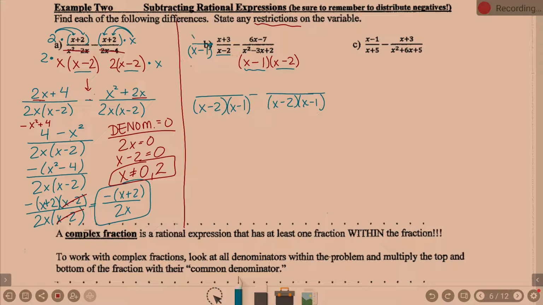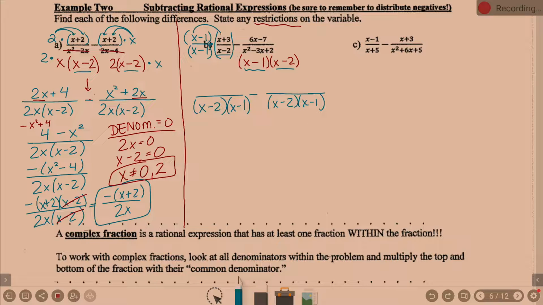If I multiply the bottom by x minus 1, I'm multiplying the top by x minus 1. How do I multiply x minus 1 by the x plus 3 that's already there? Distribute? FOIL it? Depends on which word you want to use. So let's FOIL.